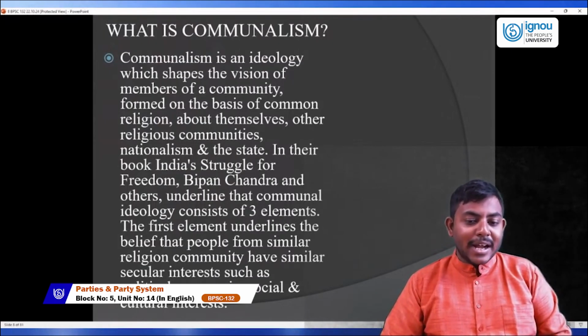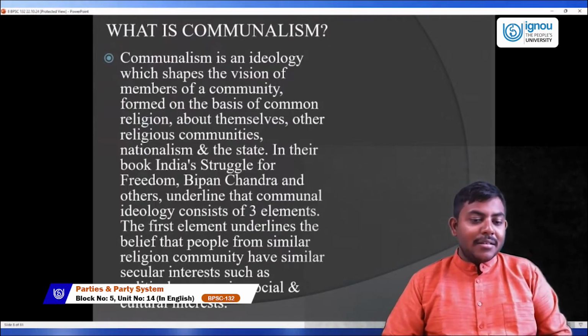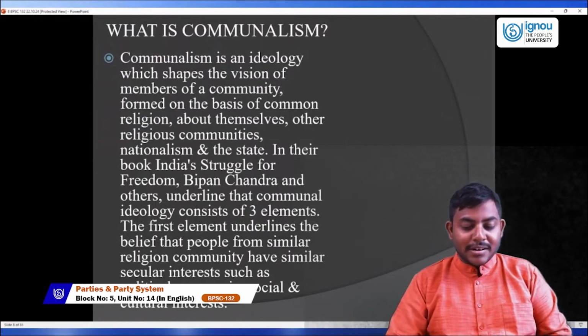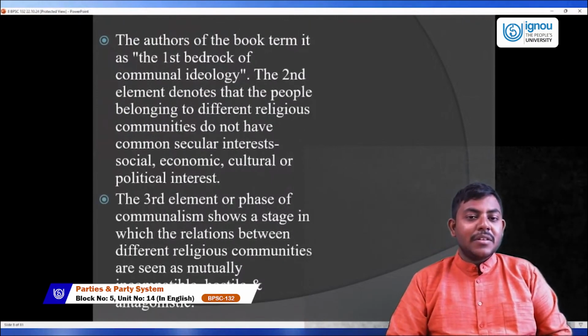The first element underlines the belief that people from a similar religious community have similar secular interests such as political, economic, social, and cultural interests. The authors of the book term it as the first bedrock of communal ideology.